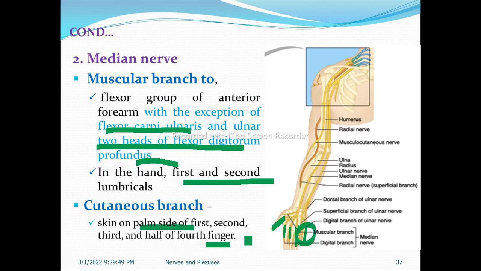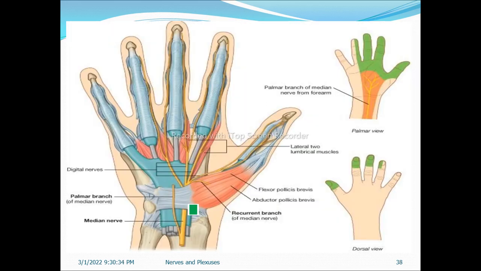So on the palm side, the cutaneous nerve comes majorly from the median nerve, and 1.5 fingers come from the ulnar nerve. So the median nerve is this one, found in the middle. This is the distribution of the median nerve.